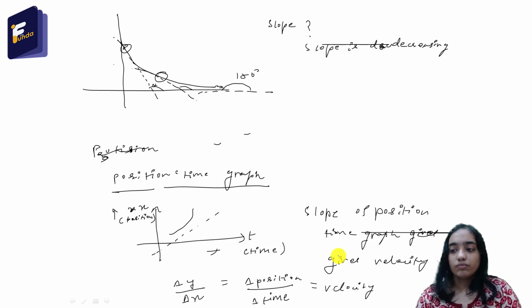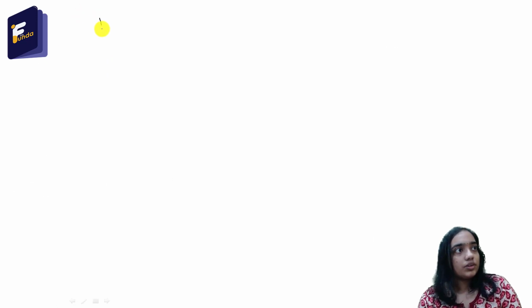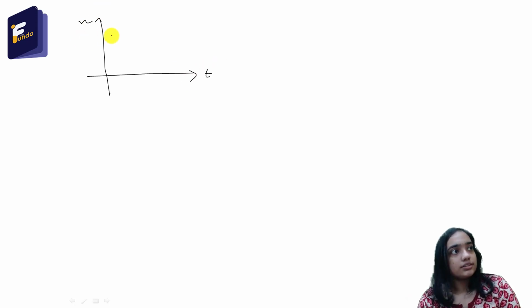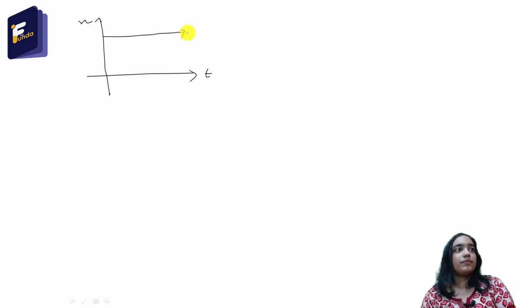Okay. So now we will draw a few position time graphs. If the xt graph is like this, what does it mean?